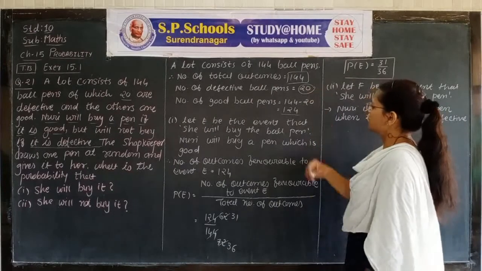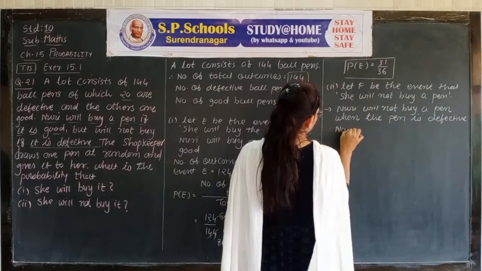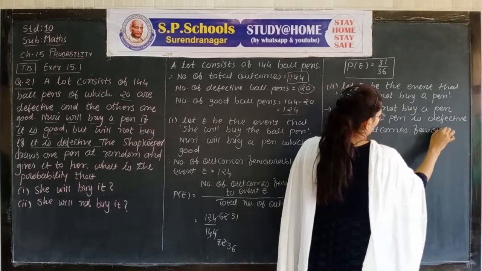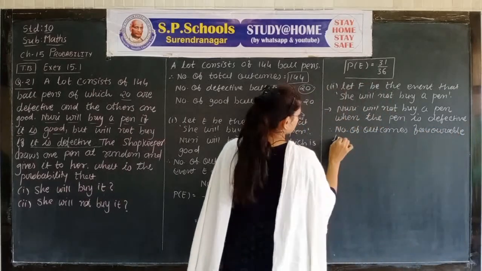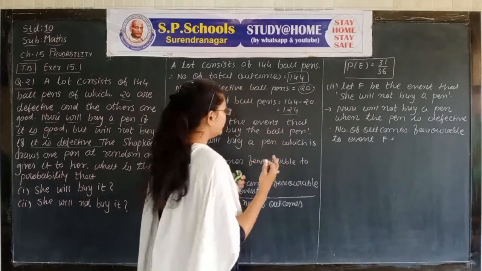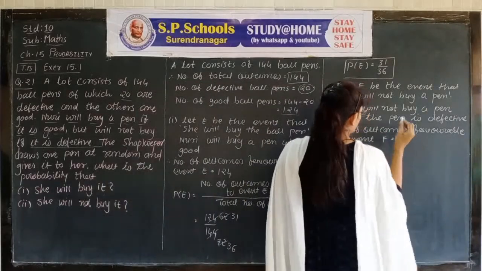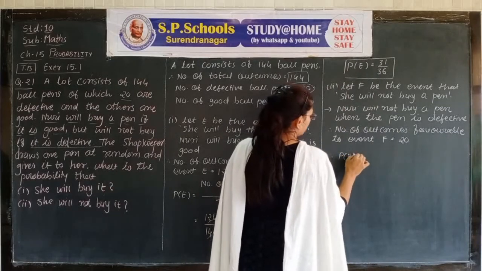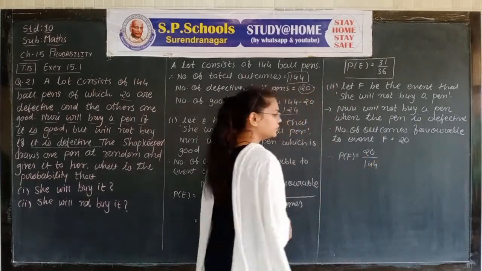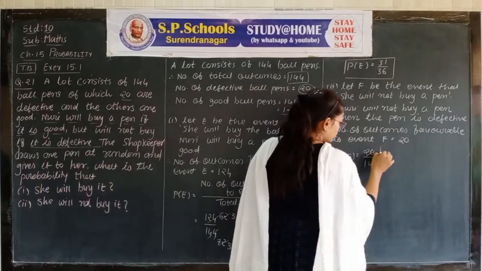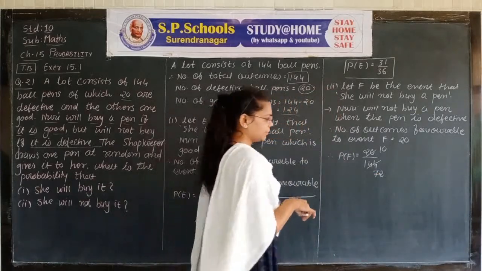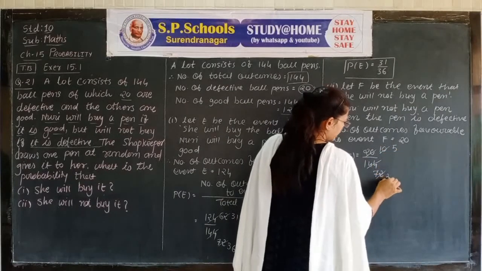The number of defective ball pens is 20. Therefore, the number of outcomes favorable to event F is equal to the number of defective ball pens, which is 20.